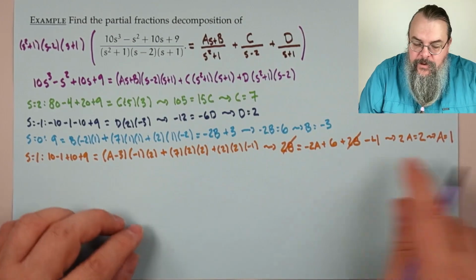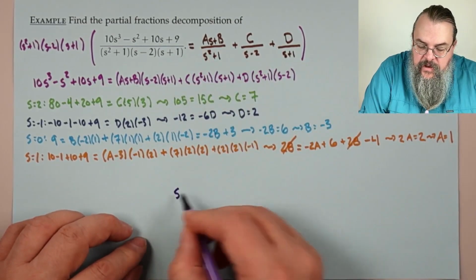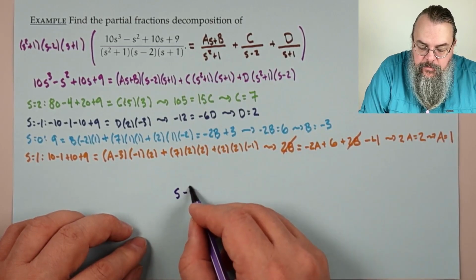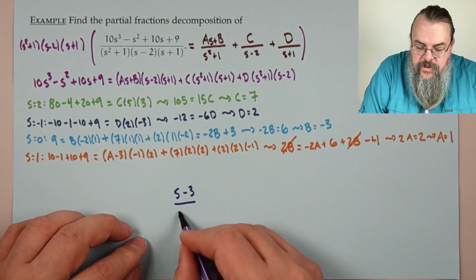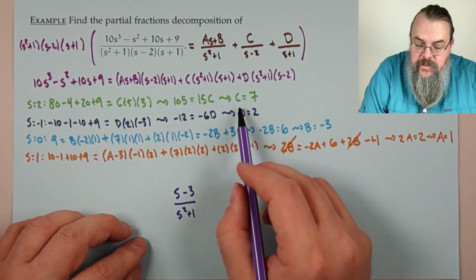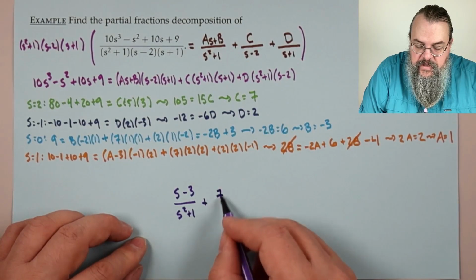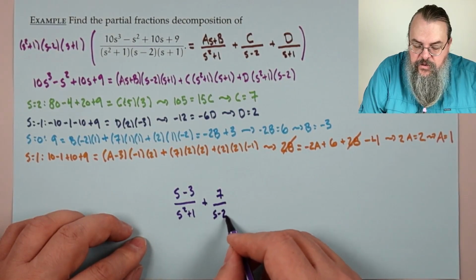So we're going to have A is 1, so that makes it S. B is minus 3, S minus 3 over S squared plus 1. C is 7. Okay, so plus 7 over S minus 2.